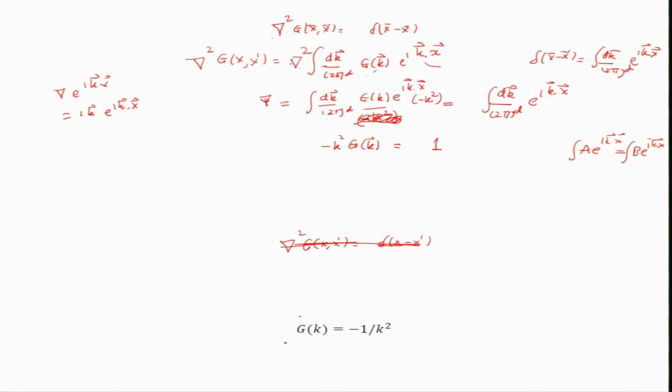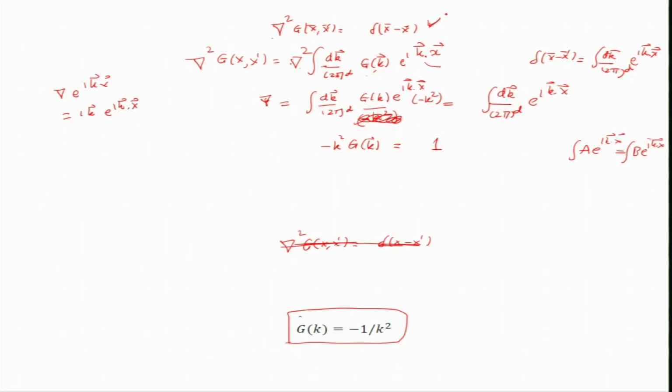So, the Fourier transform of the Green's function for the Poisson operator, the Poisson equation, this equation, g(k) is minus 1 over k squared in any dimension. My g(x) will vary in different dimensions, but g(k) is minus 1 by k squared.